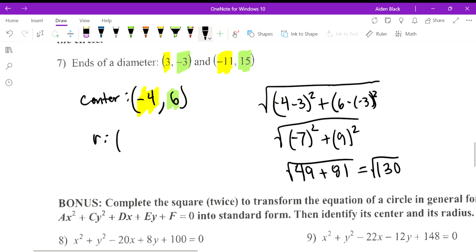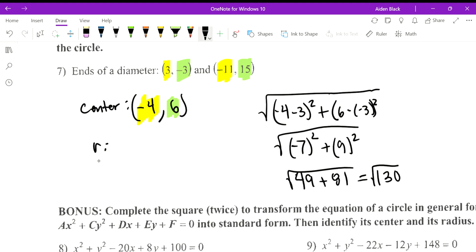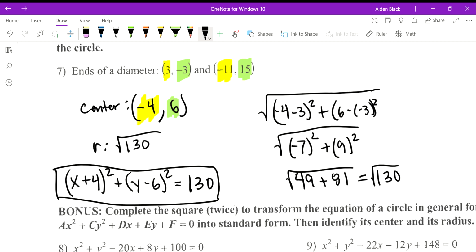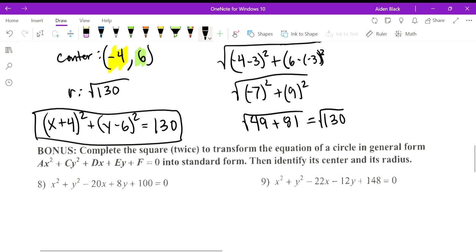It's square root 130. So now I can write my equation. Here we go. Given the ends of the diameter.